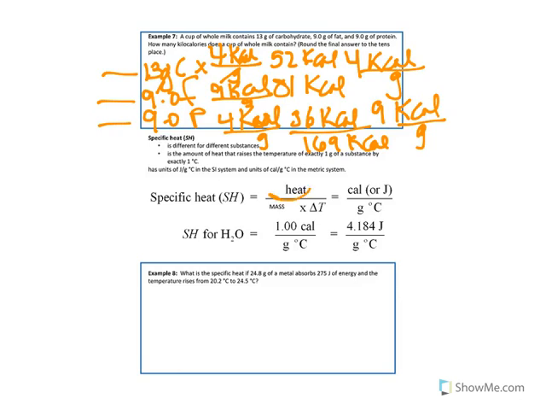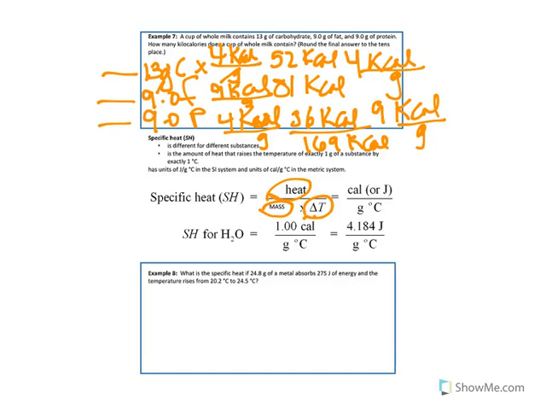Again, the heat divided by the mass of your substance times the change in temperature. And the units should be in calories or joules per gram per degree Celsius. Again, for water, it is 1 calorie per gram per degree Celsius, or 4.184 joules per gram per degree Celsius.